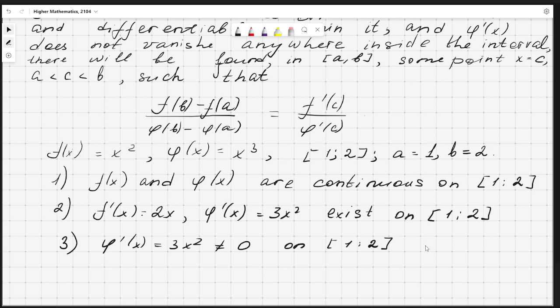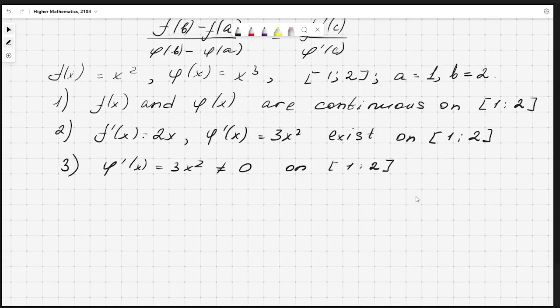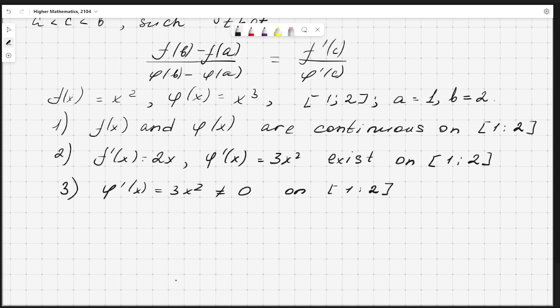Form the Cauchy's formula. F of b minus f of a, it means f of b is 2 squared minus f of a, x squared at the point 1, 1 squared, over phi of b, 2 cubed, minus phi of a, 1 cubed, equals f prime of c is 2c over phi prime of c is 3c squared.